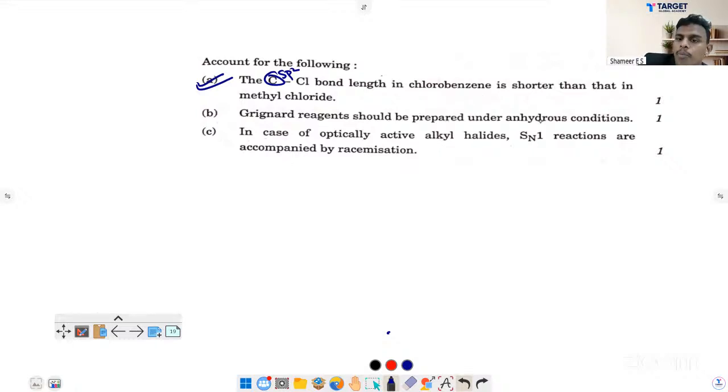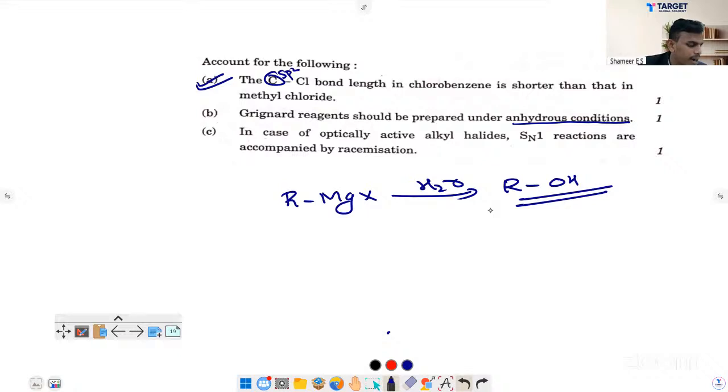Grignard reagent should be prepared under anhydrous conditions. In the presence of moisture, the Grignard reagent will convert to alcohol. So it should be prepared under anhydrous conditions. In the case of optically active alkyl halides, SN1 reactions are accompanied by racemization.